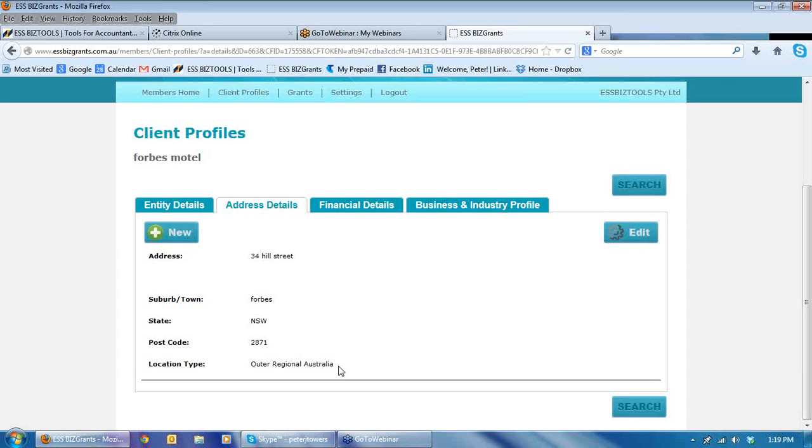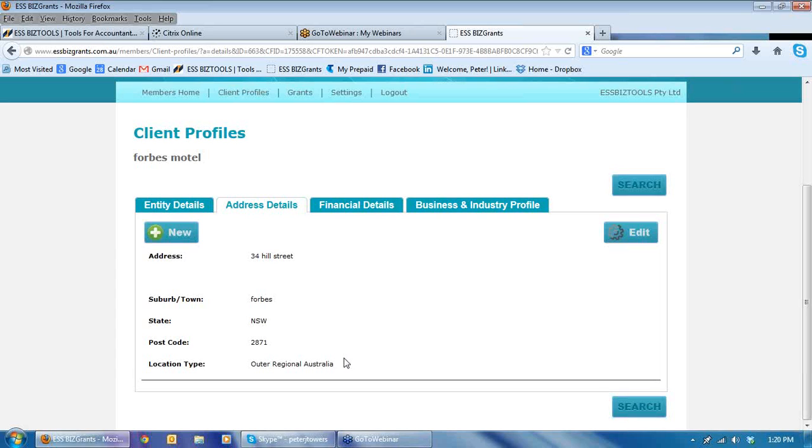Then, irrespective of what industry they're in, they can apply for support under Enterprise Connect so long as their turnover exceeds $750,000. You might recall that Enterprise Connect has direct assistance available for 12 industry groups, but if the business is located in a remote area, first of all, none of the industry groups apply, and secondly, the applicant doesn't have to be a company.